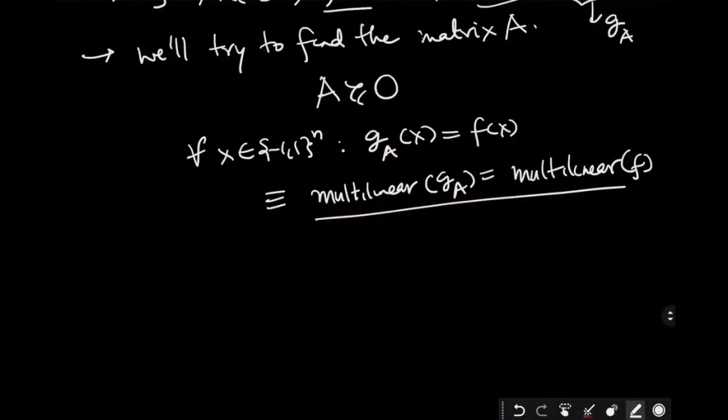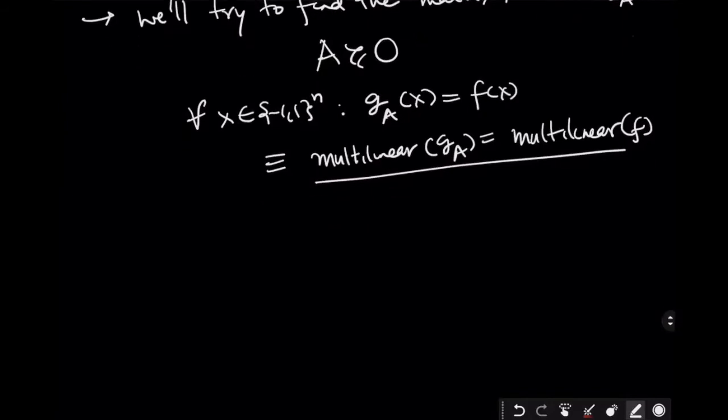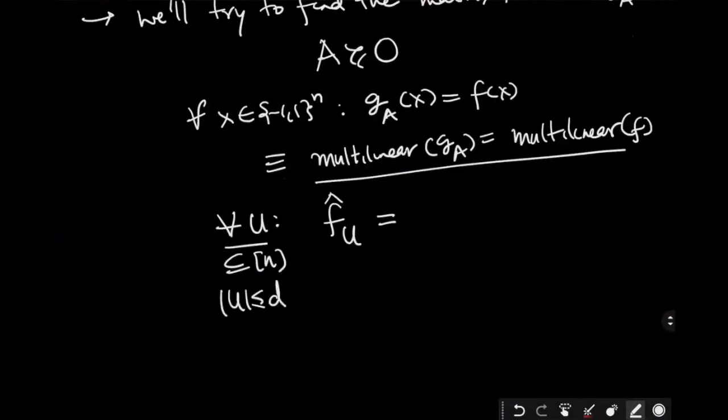In particular, for every U, and we wrote this last time but I'm just recalling, f hat U is the coefficient of f for monomial U. Remember, U is some subset of n, corresponding to a multilinear monomial.